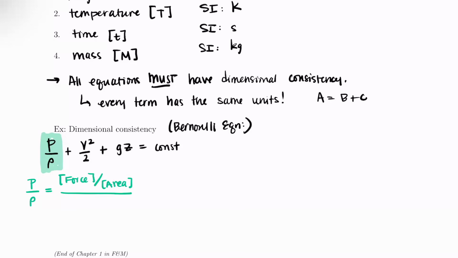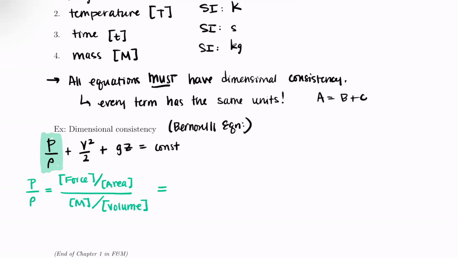Those are not primary units yet, however, so we still need to do a little work on them. And then in the denominator, I have density. I know that that is a mass over volume, right? So mass is a primary unit, or primary dimension, so I can keep that in there. And then I'm going to say volume down here.